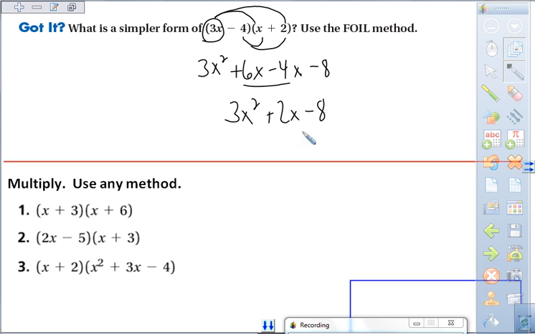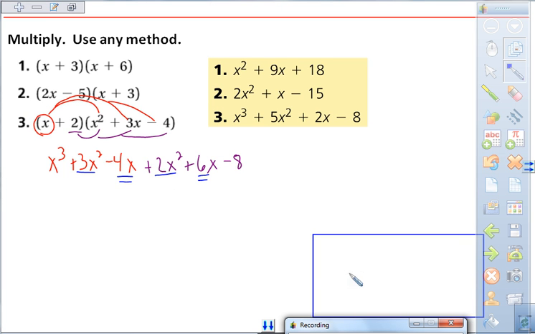And this would be using the FOIL method. So please pause the video while the students try these 3 problems. The last one is the only new type of problem where we don't have a first, outside, inside, last. So I distribute the red, and I get this red piece. I distribute the purple, and I get those 3 terms. And then I just find my matches, and I simplify.